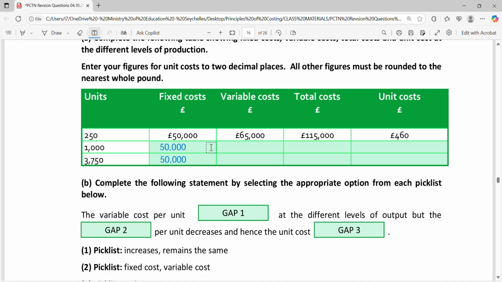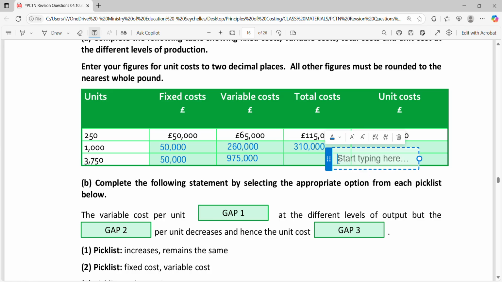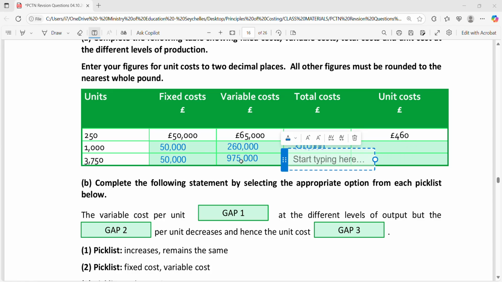Then this one you have 260,000 right here, and then this one I have 975,000. Then you have the total cost here. Then you have this. Then the unit cost.